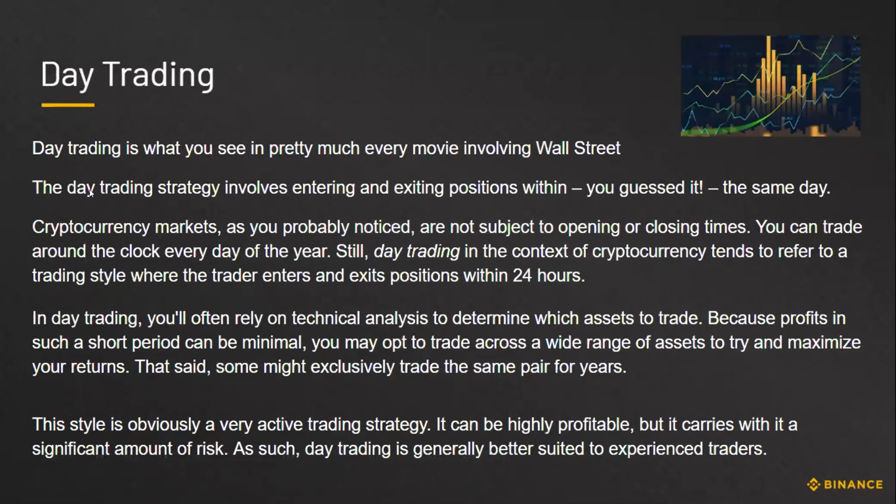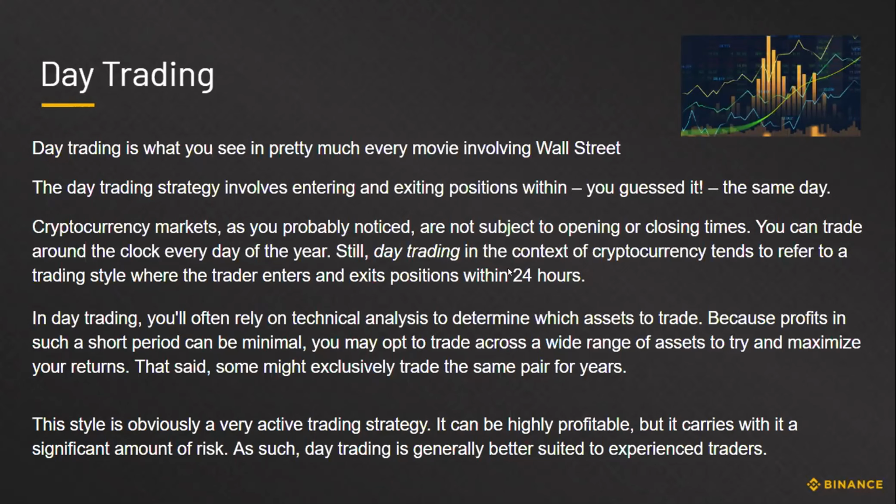Then day trading has to do with what you see. How do I put it? It has more risk and it requires more time because you're trading within a 24-hour period.